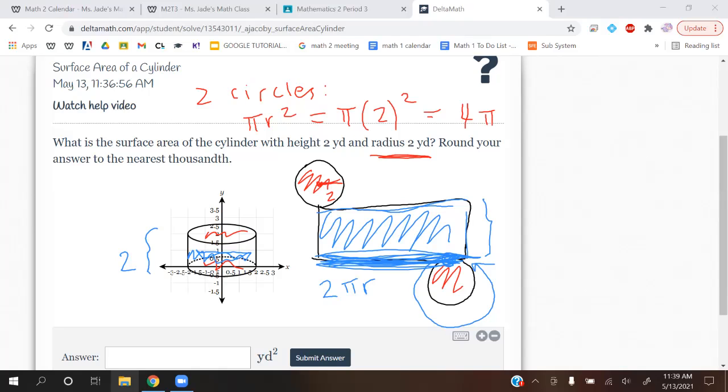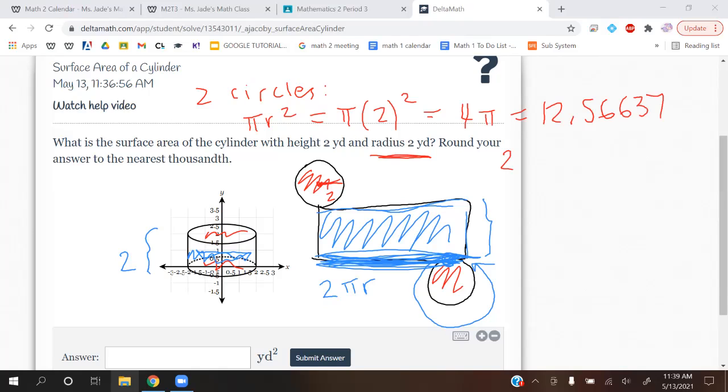If we're rounding it to the nearest thousandth, I'm just going to use my calculator that I have here. 4 pi. This is 12.56637. I'm going to round it at the end. 12.56637, I'll leave it like that. And then we have two circles, right?